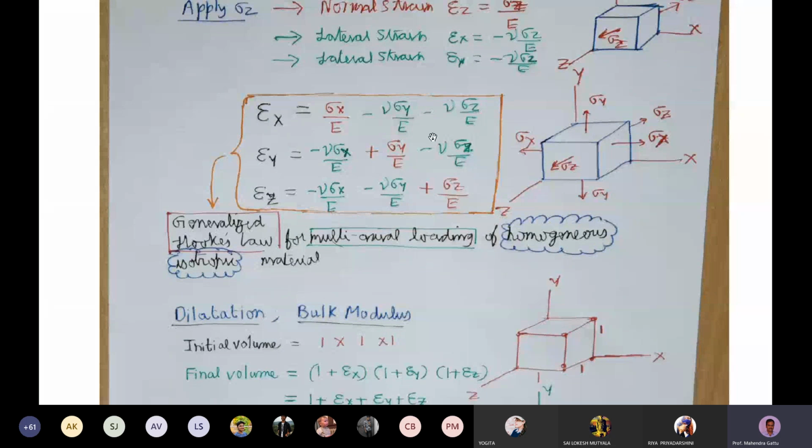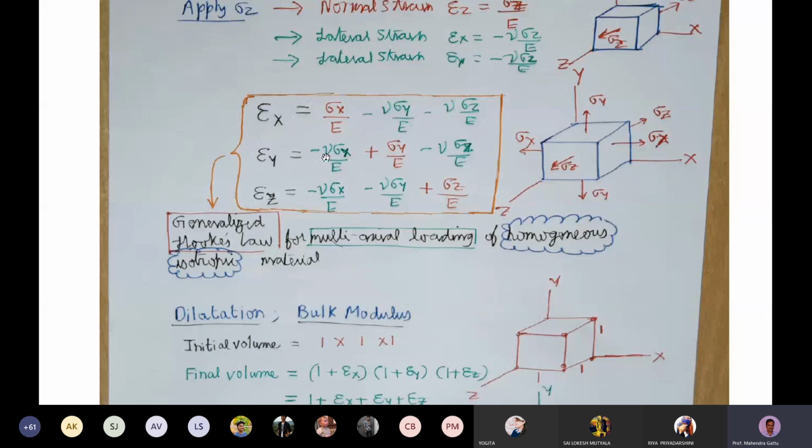For the uniaxial loading case, sigma y and sigma z are 0. So we get our simple Hooke's law, epsilon x is equal to sigma x by E. We can neglect these two terms and get epsilon x. And for epsilon y, we can also neglect sigma y and sigma z, which are 0.